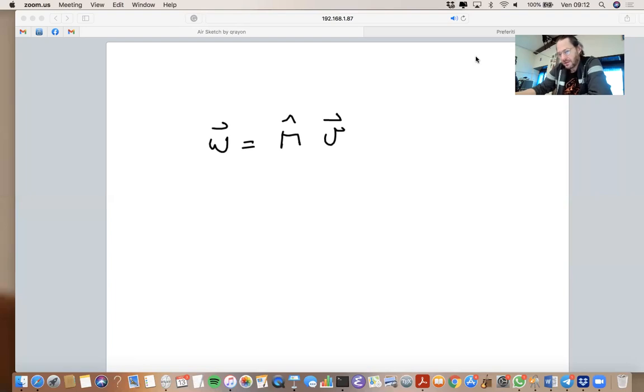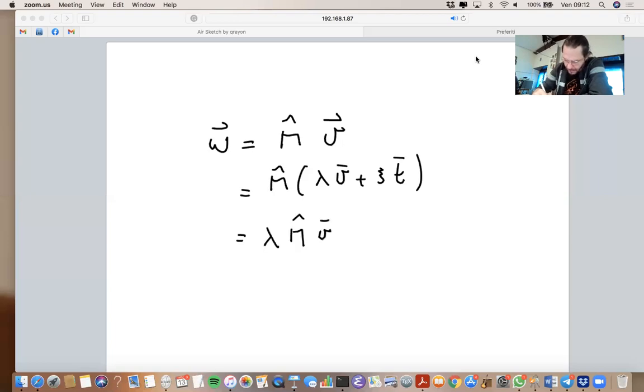And this linear operator M transforms vector V into vector W. And it does that in a linear way. That means that if I have M of lambda V plus psi T, this is going to be lambda MV plus psi T. That's nothing but linearity, right?